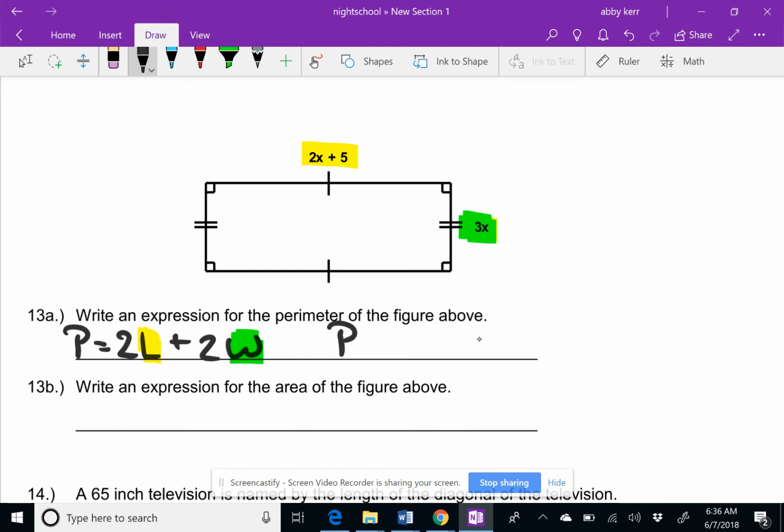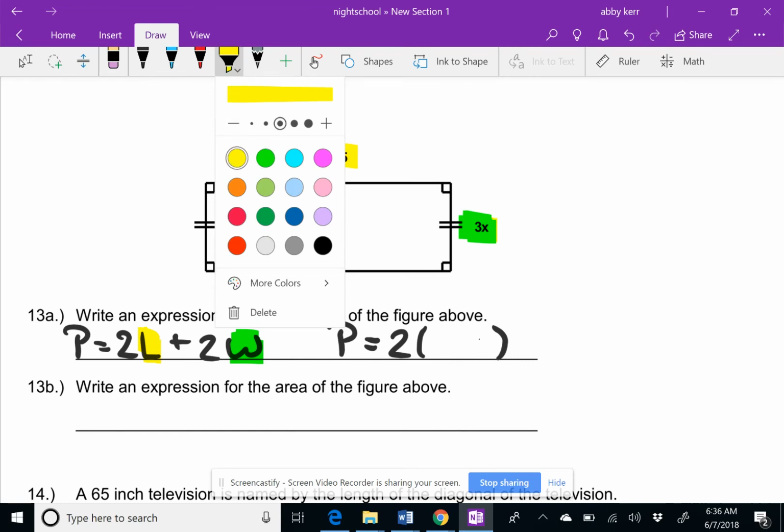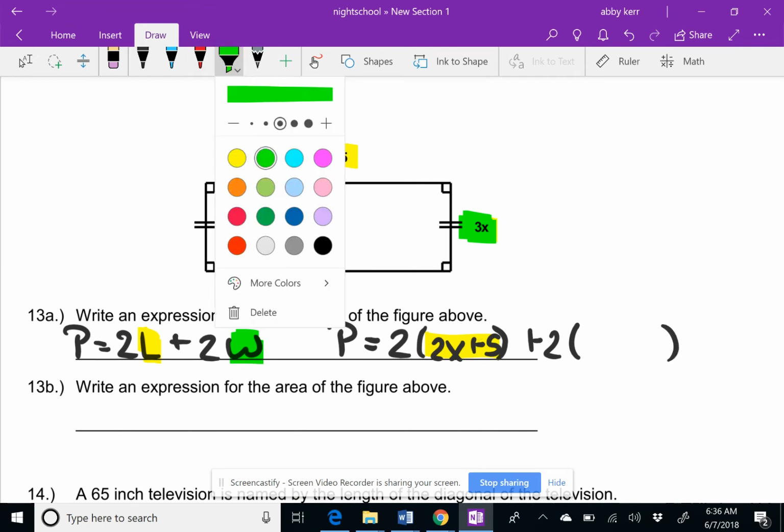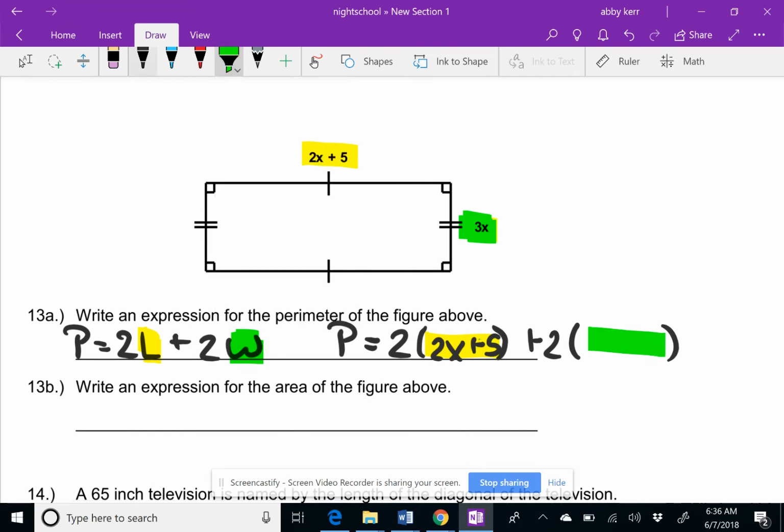So we have P equals 2, and then whatever we had for our length, which in this case I put the 2x plus 5, then plus 2, and then times our width, which is 3x.